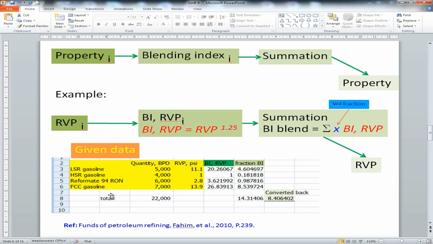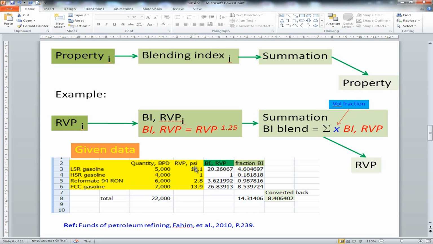In this example, we have gasoline from different sources, and we would like to know what the final RVP will be after mixing them together. From the list of light straight run gasoline, heavy straight run gasoline, reformate, and also FCC gasoline, they mix together at these proportions.